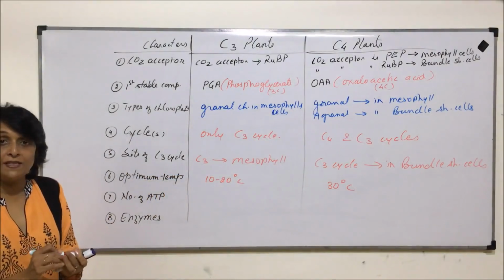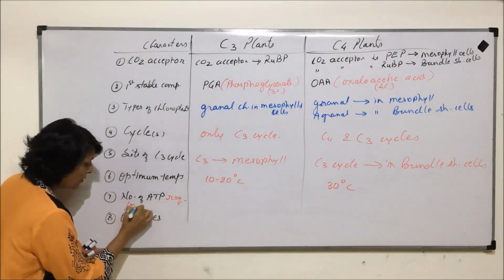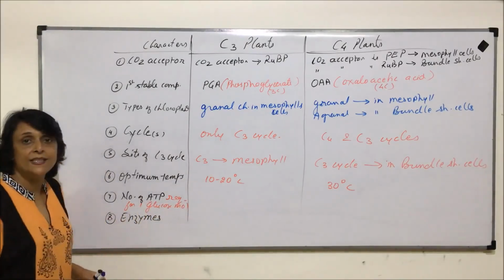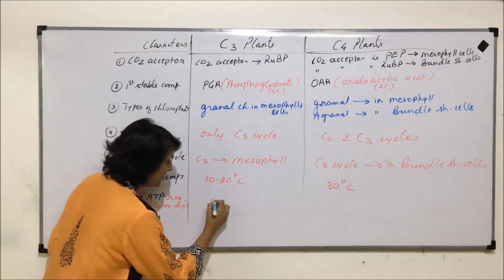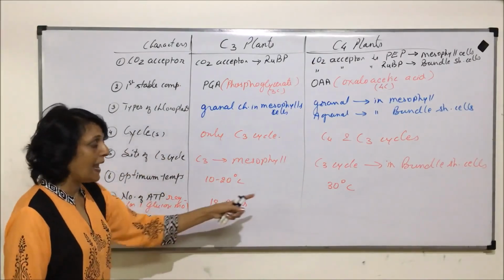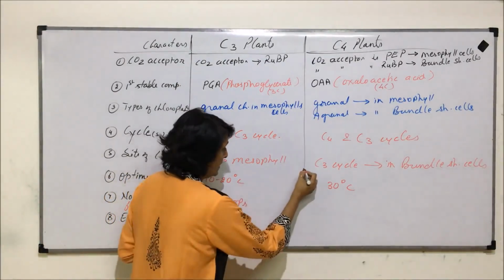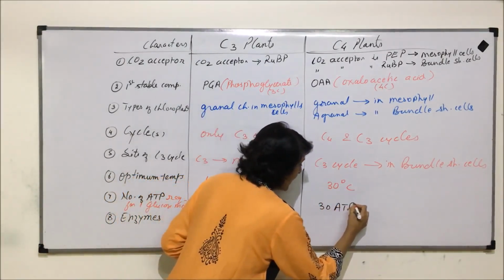Number of ATPs required for one glucose molecule to be synthesized. We saw in the C3 cycle that 18 ATPs are required. And in case of C4 plants, the number of ATPs required is 30.